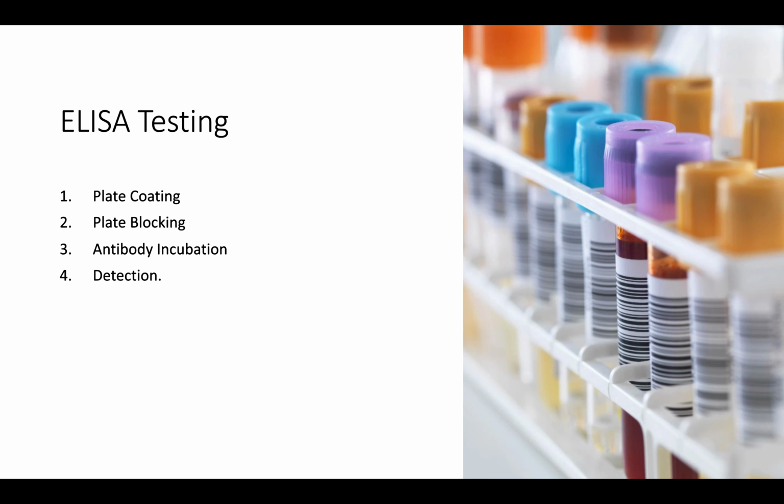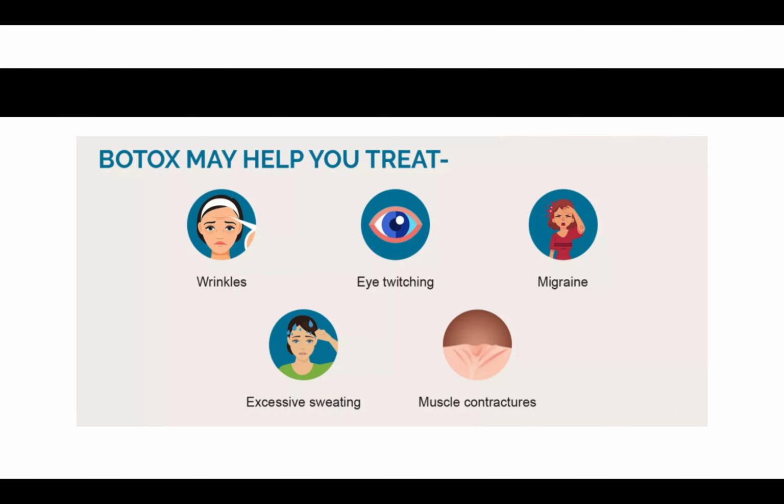And that's why I chose ELISA testing, because out of all the research articles, out of all the techniques, when it comes down to SNARE complexes, understanding the SNARE protein complex, and when it comes down to Botox, the protein, it seems like ELISA testing was the most useful. Although this is my opinion, the research would also back that opinion up as well.